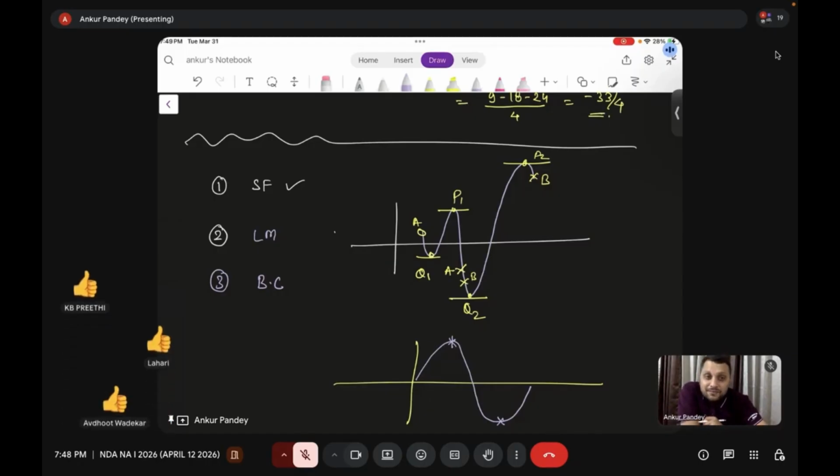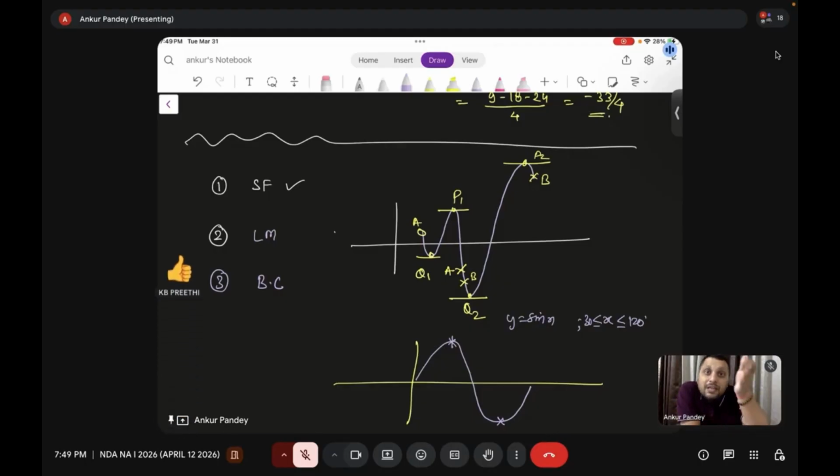But if I say, listen to me what I am saying, if I say y equal to sin x, where x is between 30 to 120 degree, then the story is different. Yes or no? Will 270 even exist in that case? No. Clear? Understood?